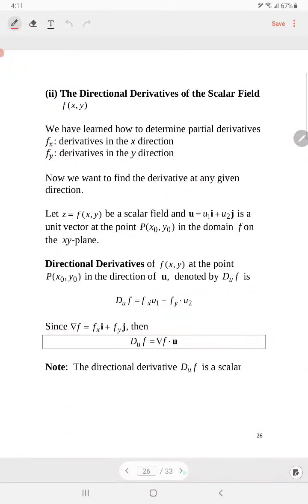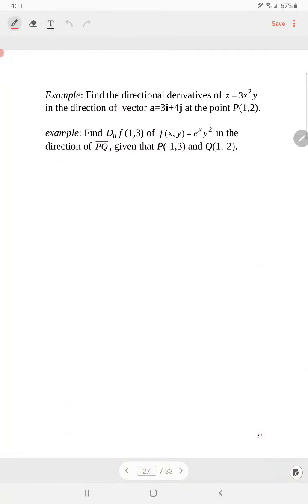Now let's look at an example. Here we are asked to find the directional derivative of z in the direction of vector a at point P. We have z equals f of x y, which is 3x squared y, and the direction a is given as 3i plus 4j.